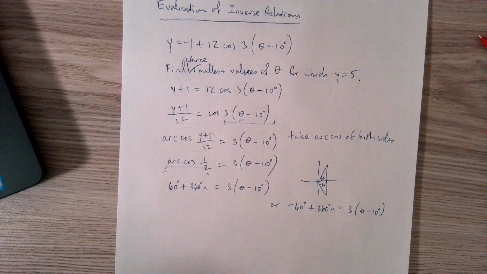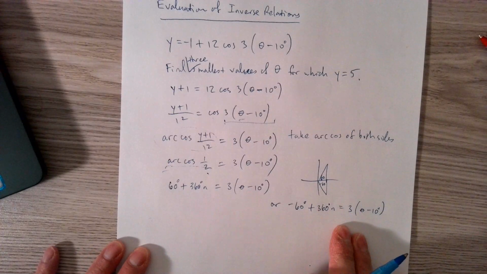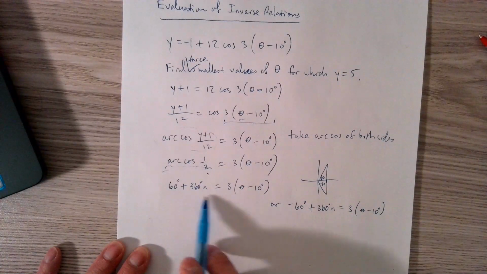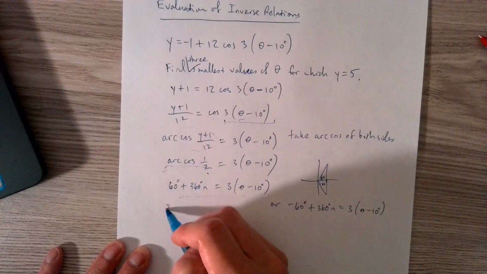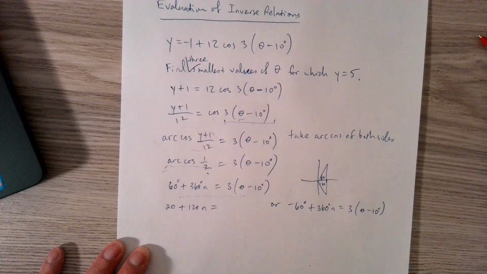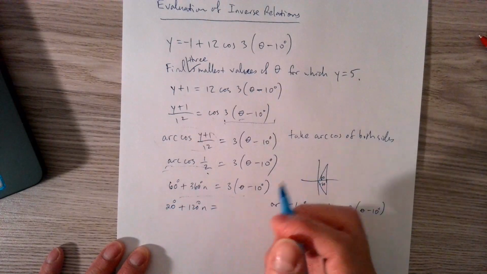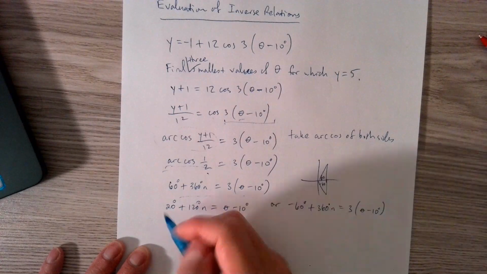Now I can continue solving for theta in both of these equations. So I'll divide by 3 on both sides, working on this equation first. Divide by 3 on both sides. And then add 10.